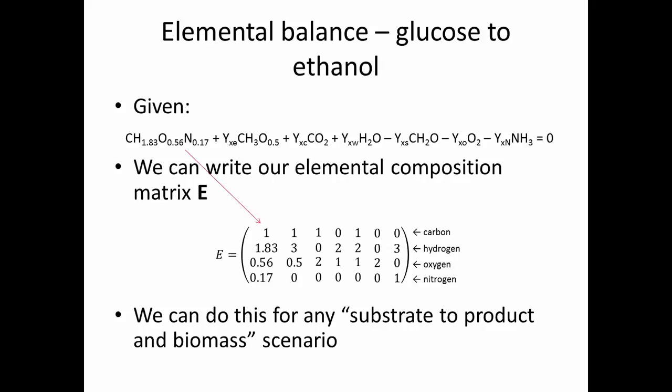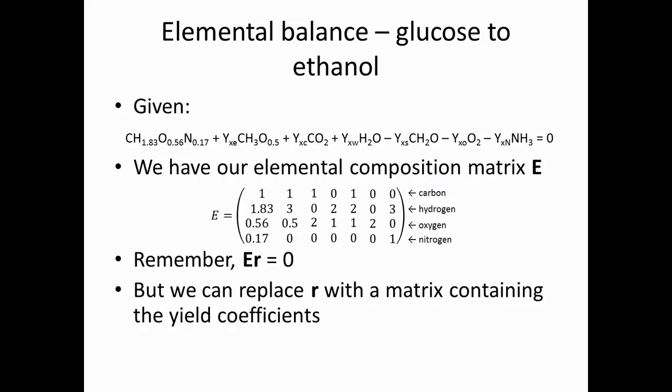The biomass is the first column here, followed by ethanol in this case, carbon dioxide, water, the substrate, the oxygen, and then the ammonia finally. And so we could do this for any substrate to product and biomass scenario, and that's part of what the online class is going to be on Wednesday, setting up elemental matrices like this.